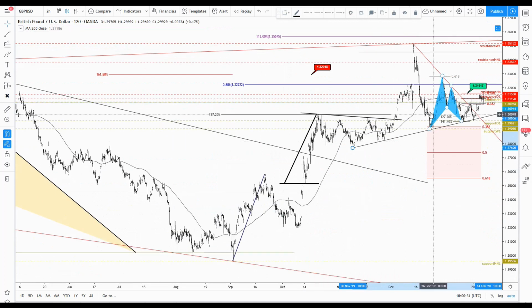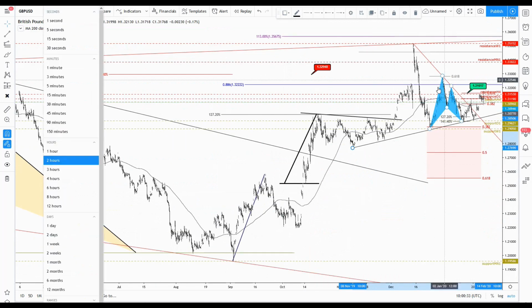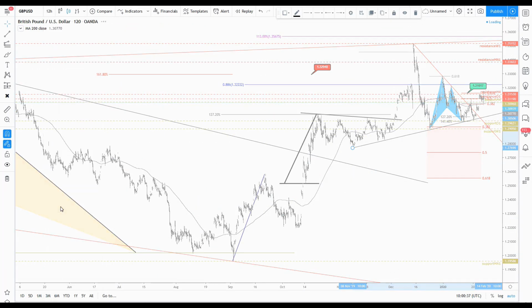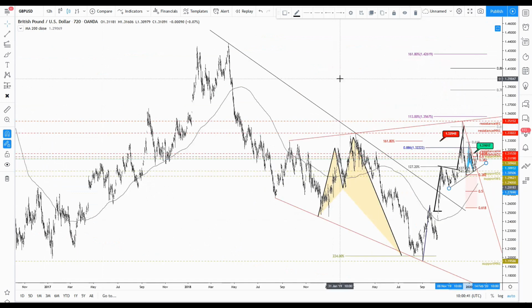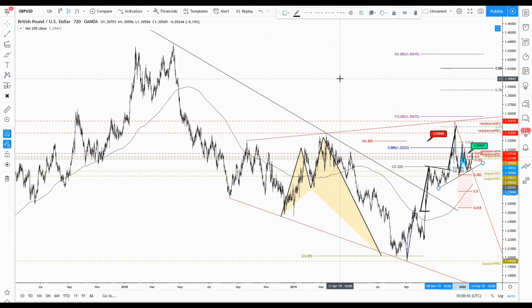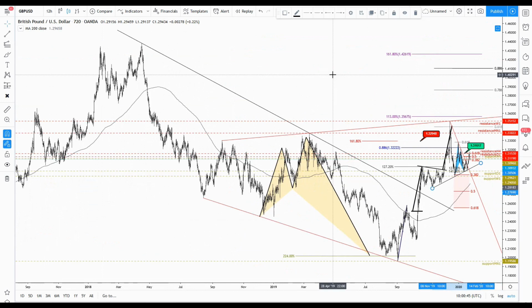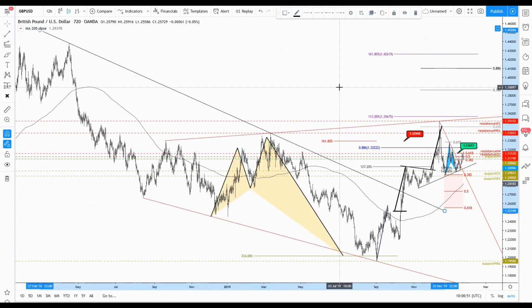So this is a 2 hours time frame event. Please ignore this noise, just for you to get an idea of what is happening on cable on a higher degree scale or a higher time frame. Basically, we are now trading above this major descending trend line resistance.